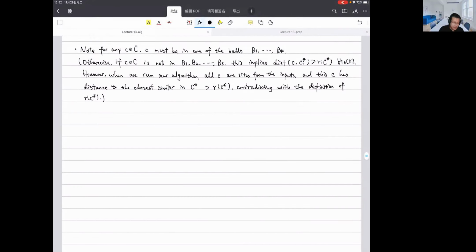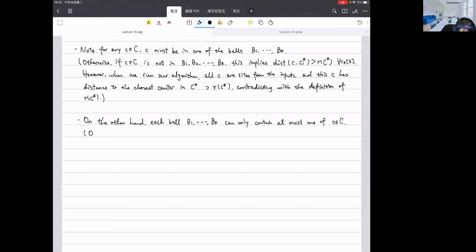So this is the argument on the one hand. On the other hand, the relationship also holds in a reverse sense. Each ball B1 until BK can contain only one of the small c's.